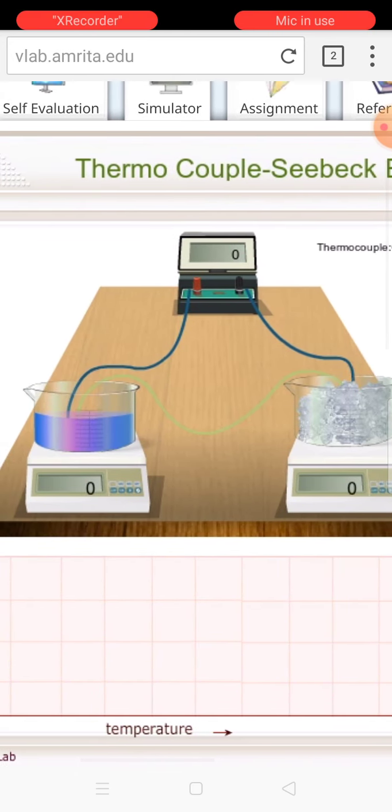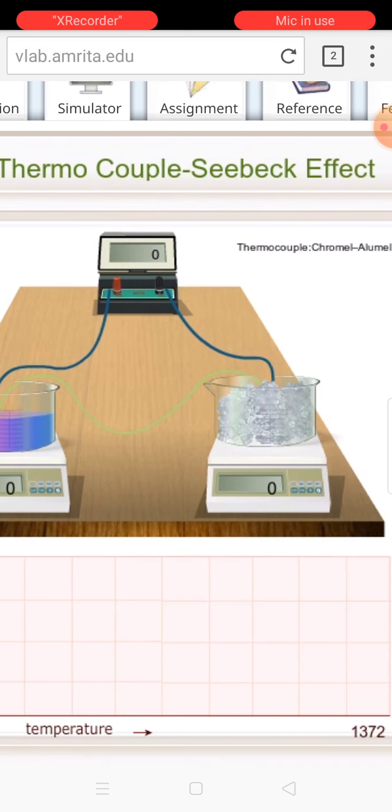Here you notice there are two ovens, and in the first we are keeping one vessel containing blue water, another is white water containing some ice, and on the side table we have a voltmeter.